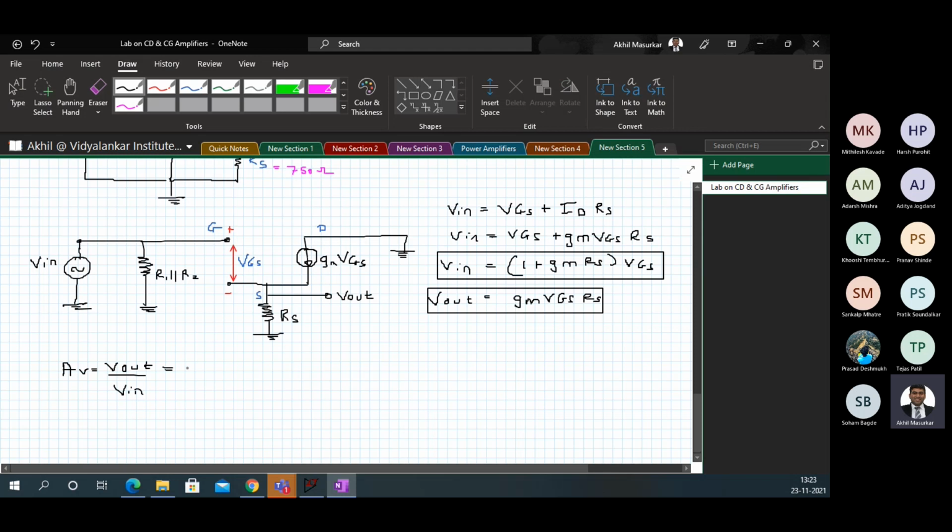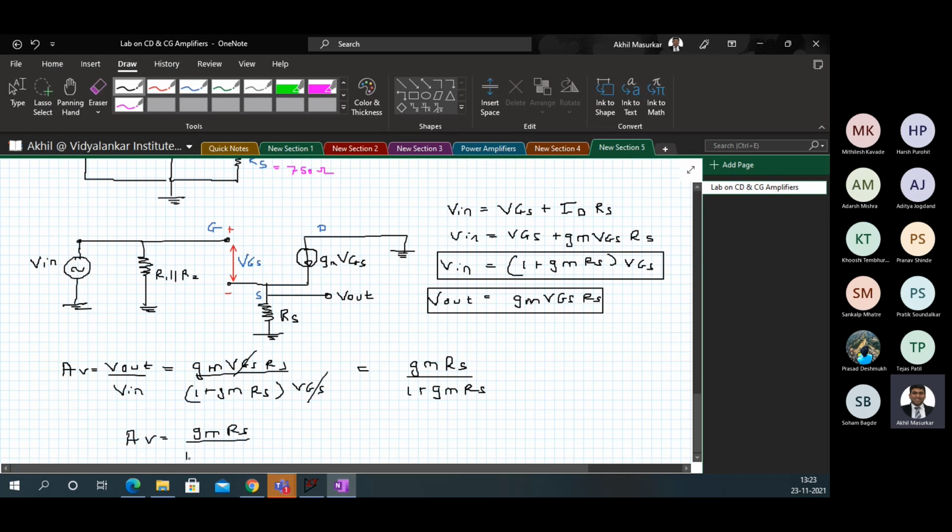So that is GM VGS RS, this entire thing upon 1 plus GM RS into VGS. So VGS cancels out, and what you get here is GM RS upon 1 plus GM RS. So your voltage gain is this.